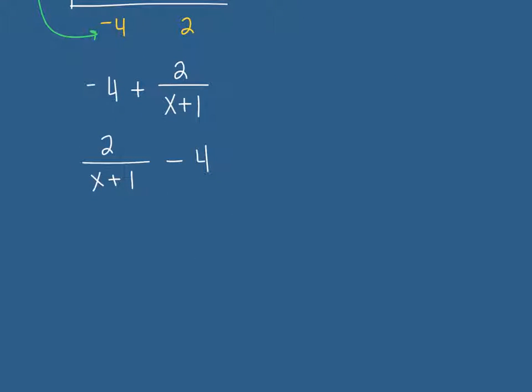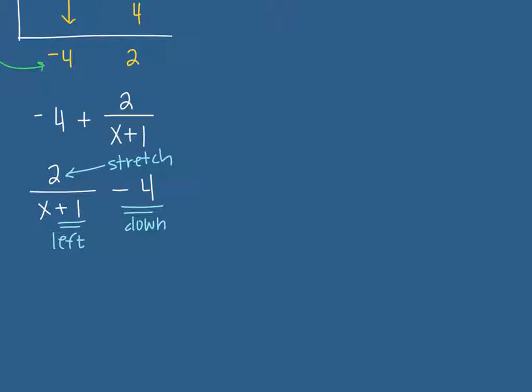But I recognize a couple things. There's no reflection this time, but there is a stretch. So I have a stretch of 2. I'm going to go left, and I'm going to go down. So I can tell that all just by looking at the result. So I'm going to go left 1, which means I'm going to have an asymptote right down the value of negative 1.